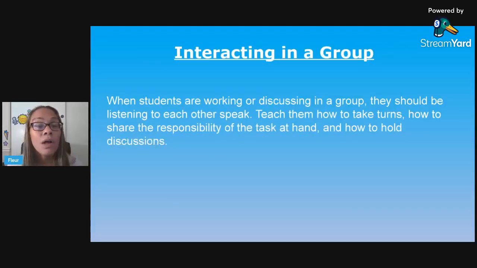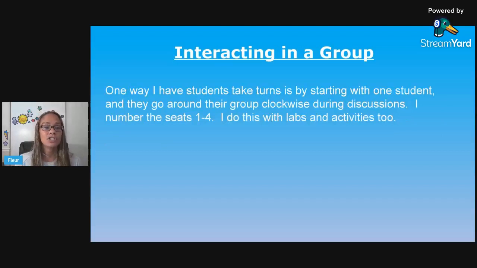And along with that goes interacting in a group. I like to have my students seated in groups, and they work in groups a lot, like in labs or just having discussions. So they need to be taught how to work in a group. They need to listen to each other speak. They need to learn how to take turns, how to share the responsibility of the task, and how to hold discussions.